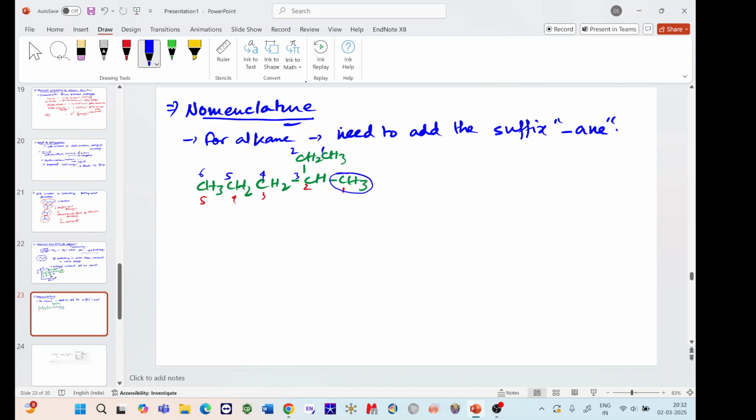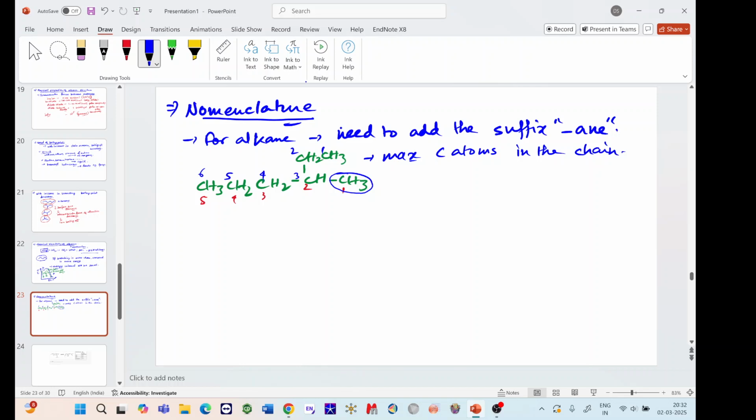So what we need to keep in mind is that we need the maximum number of carbon atoms in the chain. Then you need to number from the side where the substituent comes first.